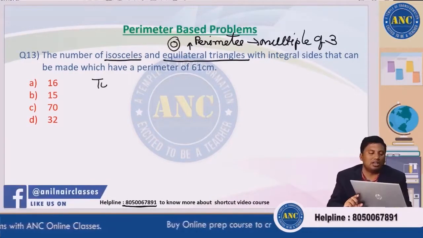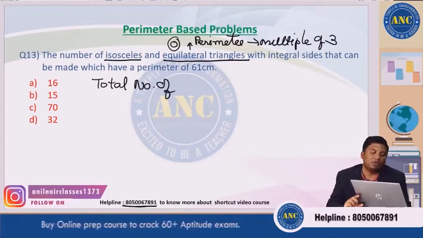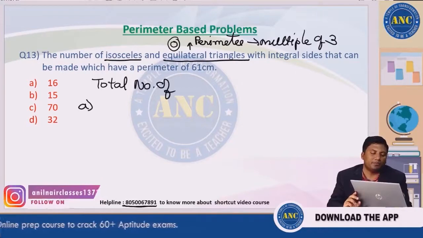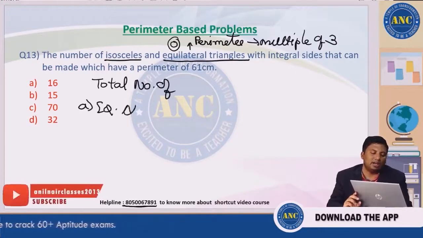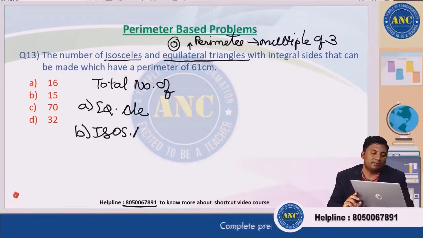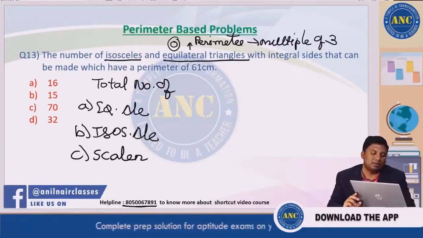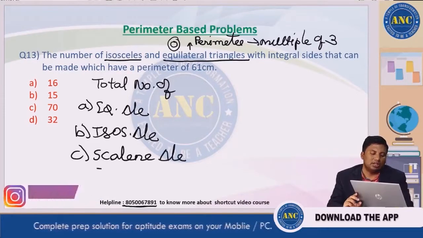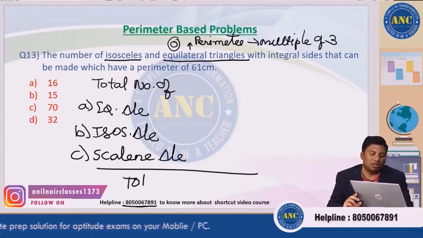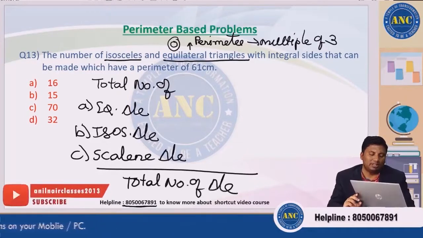So what is the concept that we discussed? Total number of equilateral triangles plus isosceles triangles plus scalene triangles is nothing but total number of triangles.